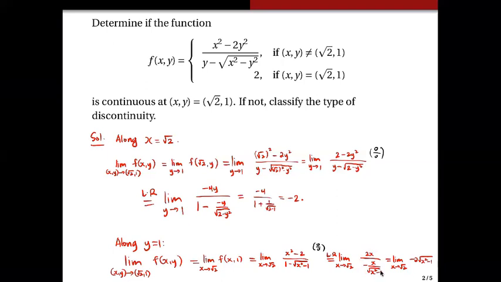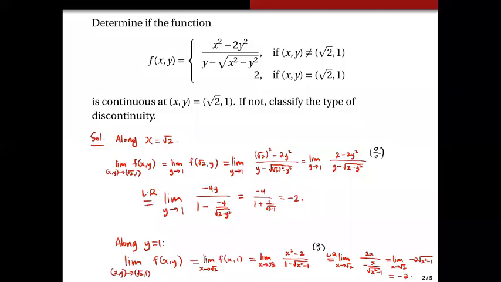The x in the numerator will cancel the x in the denominator. That's why we will get this. And if you calculate this, you will still get negative 2.